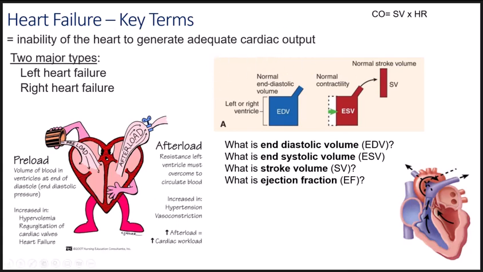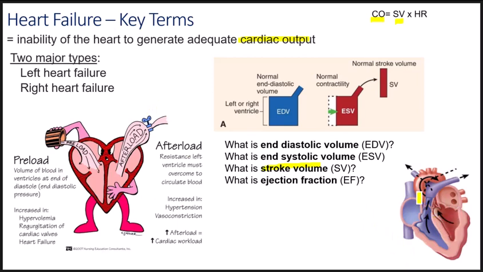Now, what is cardiac output? I've talked about this term already, and you would have learned about this in the past, but to remind you, it is stroke volume times heart rate. So stroke volume is the volume of blood that the heart pumps out with each stroke or contraction. In other words, think of this left ventricle as contracting.